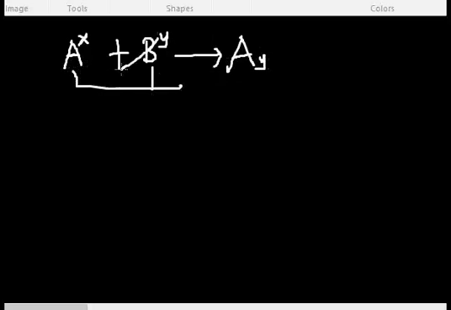There's going to be an interchange of valency to the subscript. So I'm going to have A with subscript Y, then B with subscript X.